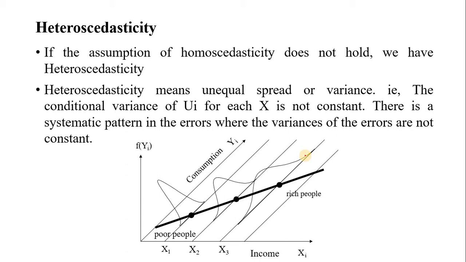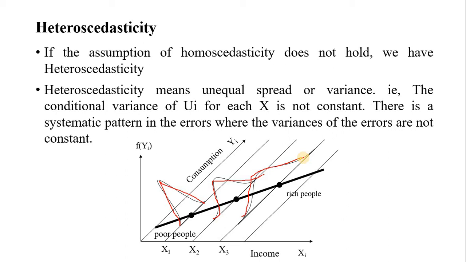If you look at the graph, x1 is the lowest income group, x2 has an income higher than x1, and x3 has the highest income. When we take different income groups, some people are poor, some are middle income class, and some are very rich.